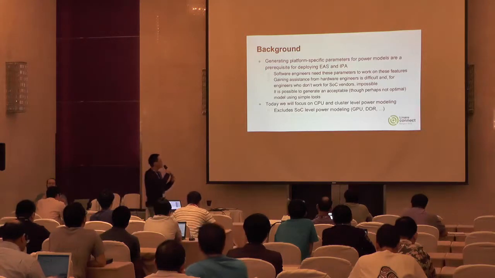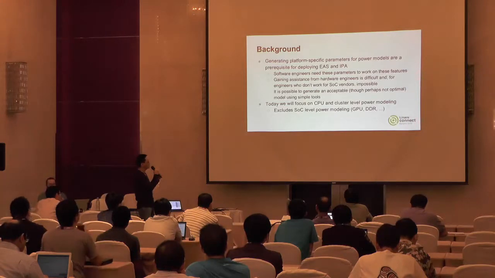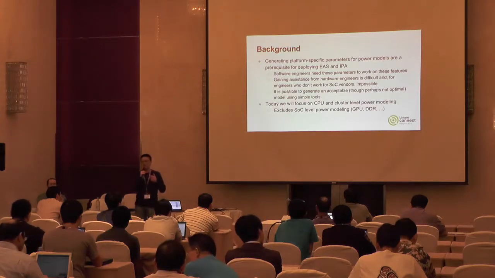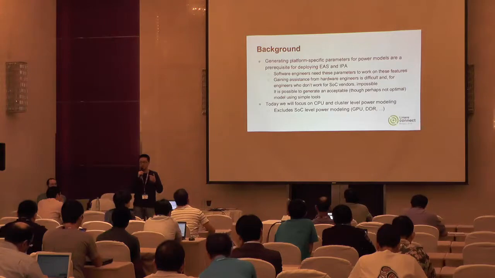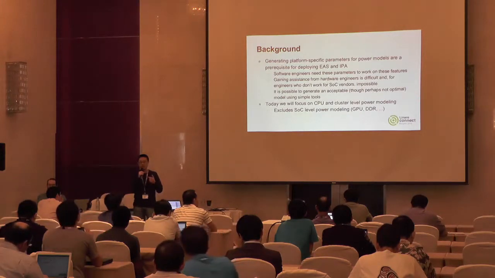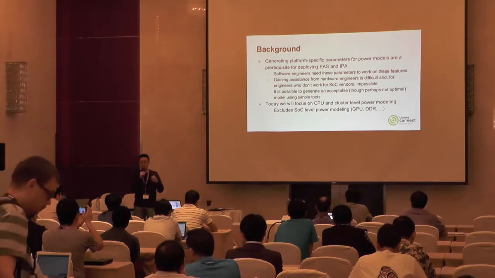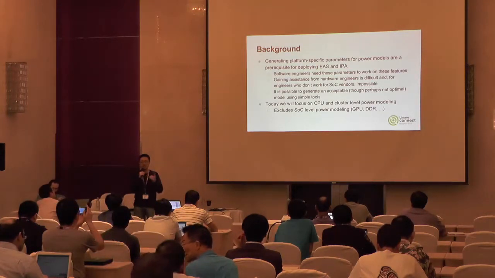Software engineers need these parameters to work on these features. Another thing is that gaining assistance from the hardware engineer is difficult. For example, if you work for a silicon company, the silicon engineers maybe can work with a bare-metal code environment and generate the power data, but how to convert the power data to power modeling parameters, they don't have the knowledge.